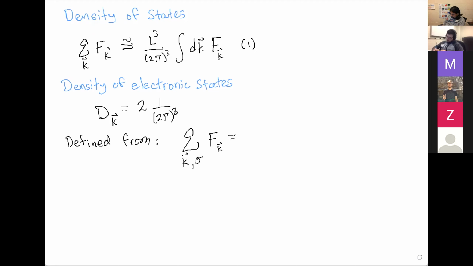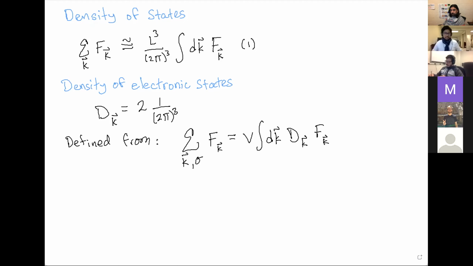It is equal to the volume times the integral over the dk states of this function D of k that we're coming up with, the function that holds the information that we want. At least in this case, this D of k does not depend on k. All right, so any questions up to here? I think this was covered in the previous class, but I want to make sure that we are all starting in the same spot.